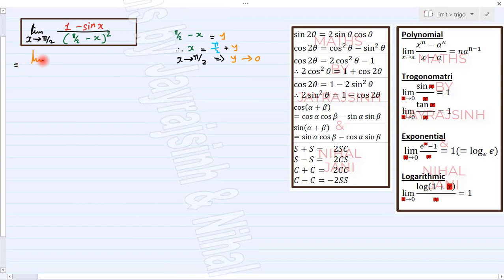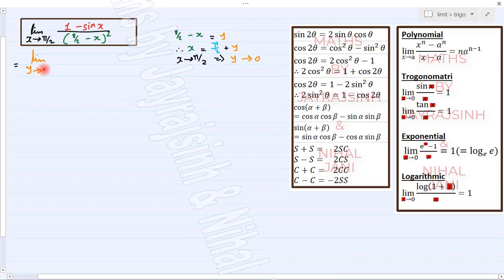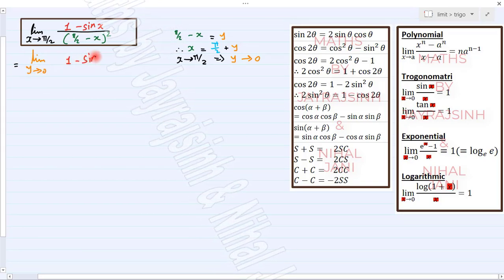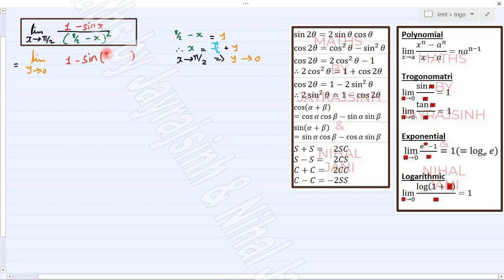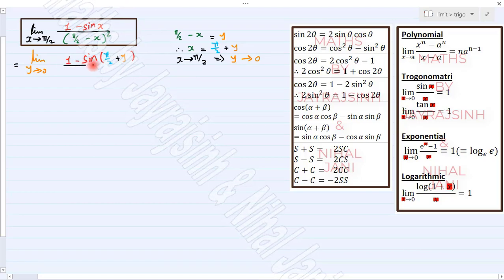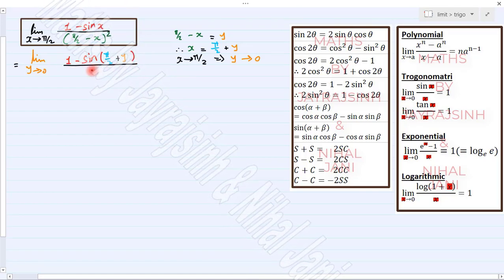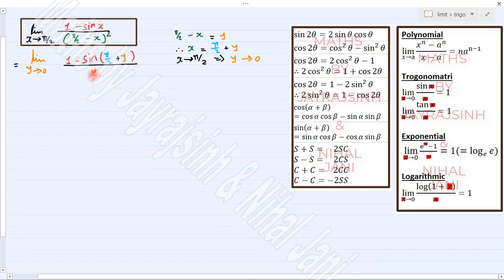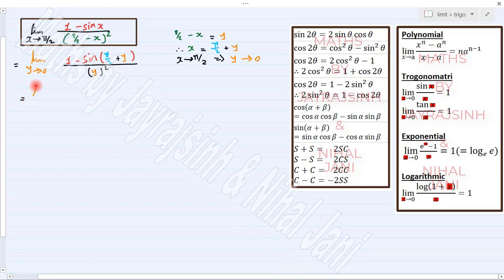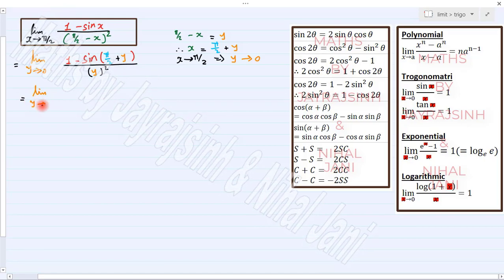So we can modify our limit as y tends to 0. In numerator, 1 minus sin x will become 1 minus sin of (pi by 2 plus y), and in denominator, (pi by 2 minus x) the whole square will become y the whole square. Now, limit y tends to 0.